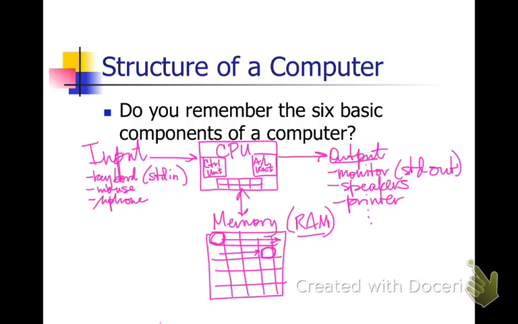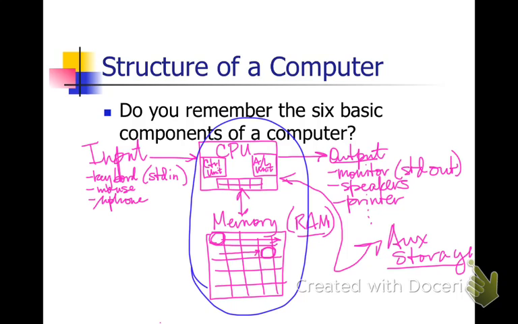All right, and I'm going to show this coming from the CPU, but realize that most of it goes CPU and memory to something called auxiliary storage, or permanent storage. Well, at least more permanent than RAM. This would be hard drives, flash drives, a DVD read-write, things like that. So these are the basic components of a computer. What we're going to be emphasizing for most of this course is really the interaction between the CPU and memory.